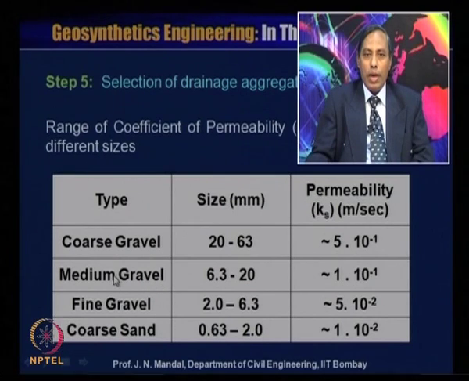For medium gravel of size 6.3 to 20 millimeter, it is 10 to the power minus 1 meter per second. Fine gravel of size 2 to 6.3 millimeter has permeability 5 into 10 to the power minus 2 meter per second. If it is coarse sand, the grain size is 0.63 to 2 millimeter, then permeability Ks will be 1 to 10 to the power minus 2 meter per second.